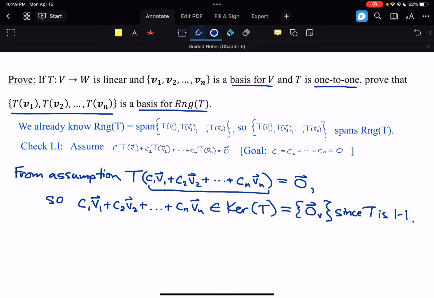So what does that mean? It means that c1v1 plus c2v2, all the way up through cnvn, is in the kernel, and the only thing that can be in the kernel is the 0 vector, so this has to be the 0 vector.